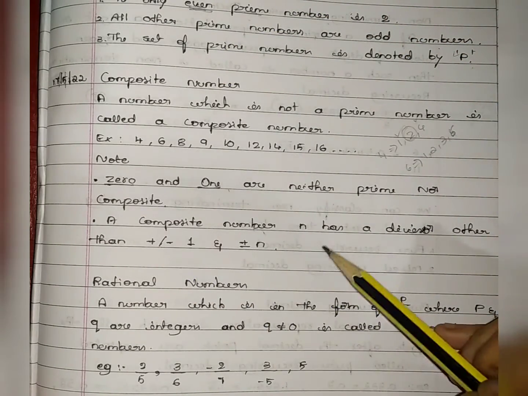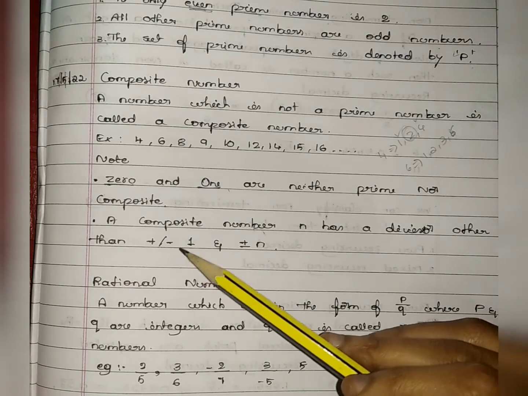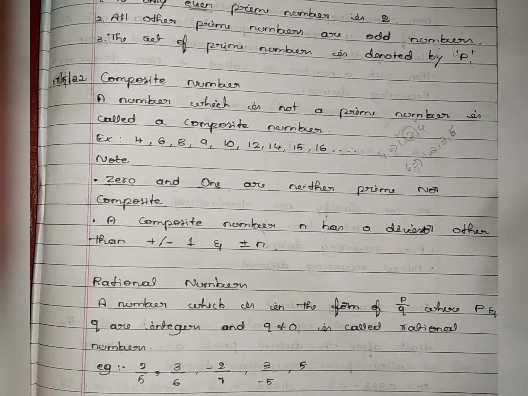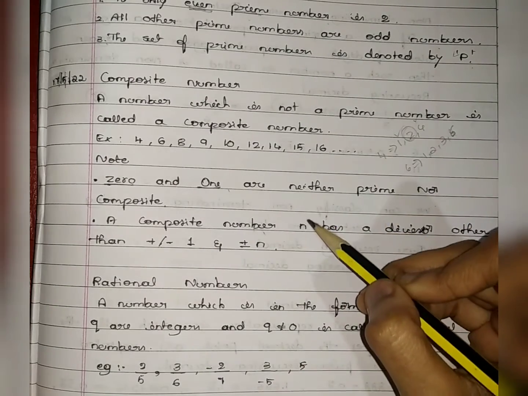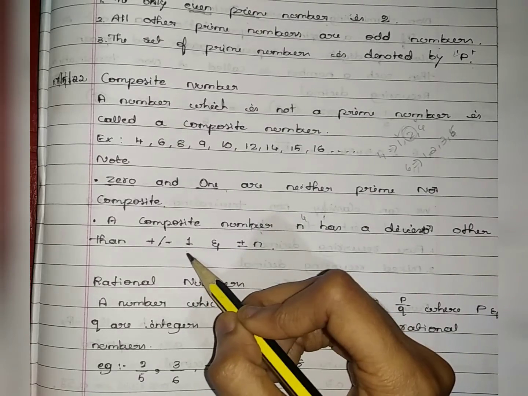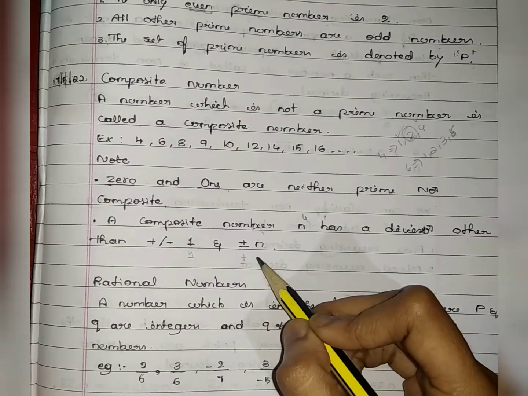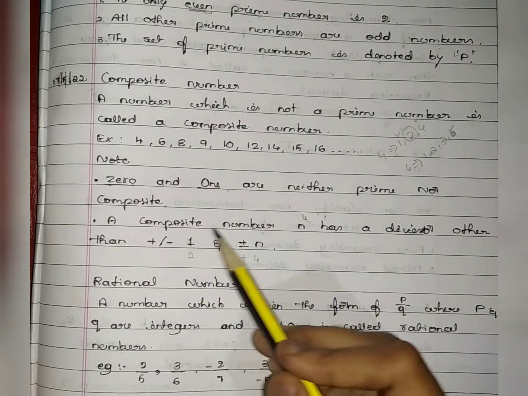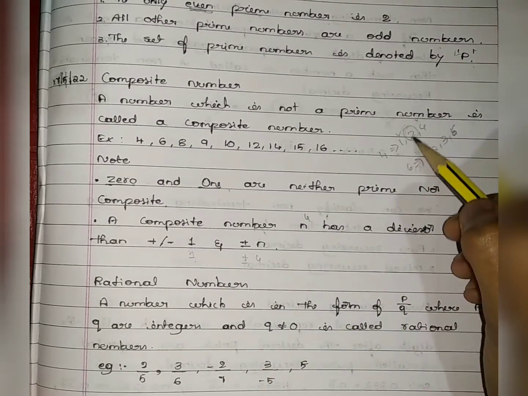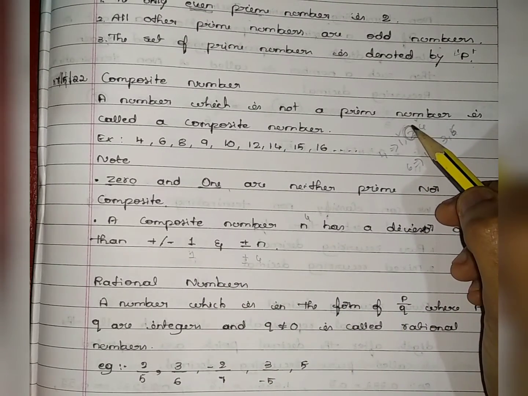A composite number n has a divisor other than plus or minus 1 and plus or minus n. In case of the number 4, it has plus or minus 1 as divisors and plus or minus 4, and it also has the divisor 2.